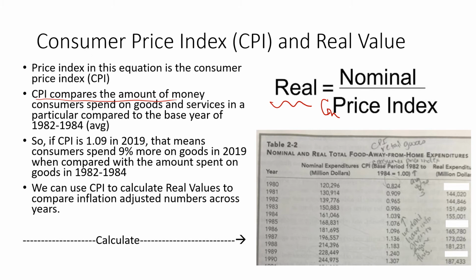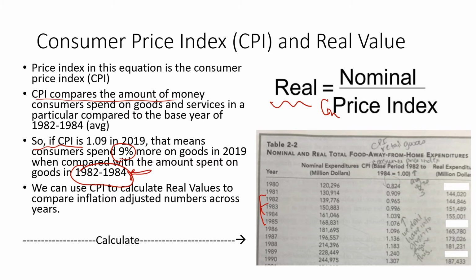So, for example, if the consumer price index is 1.09 in 2019, that means that consumers spent 9% more on goods in 2019 when compared with the amount that they spent on goods in 1982 to 1984, the average of that. So when we calculate the consumer price index, we are actually calculating the average spent in 82, 83, and 84.